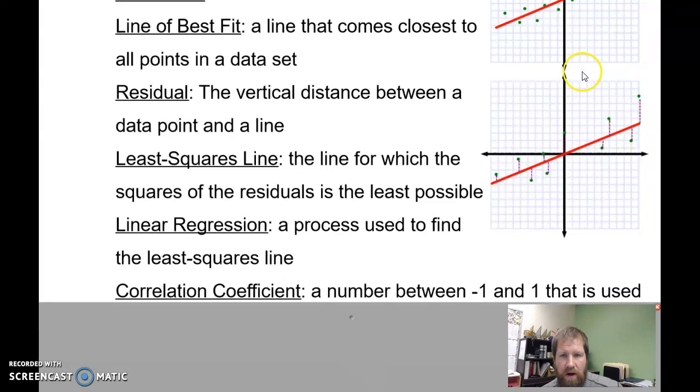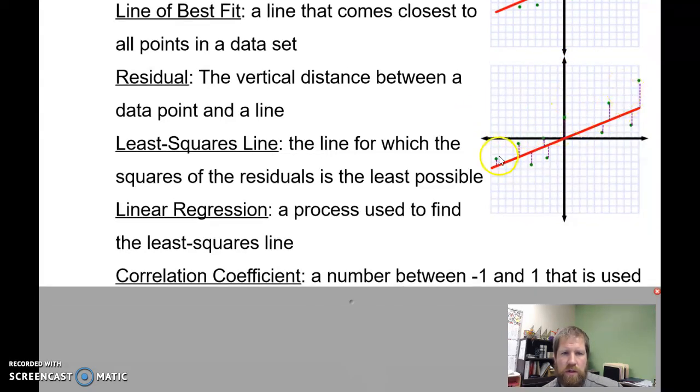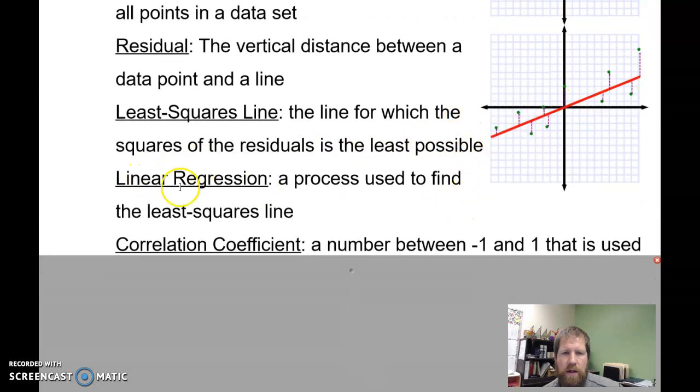Because if it's really far away, when we square it, that value is even more, okay? So the least squares line, that is basically the number one way of finding your line of best fit, okay? And linear regression, that's the process that we use for that.